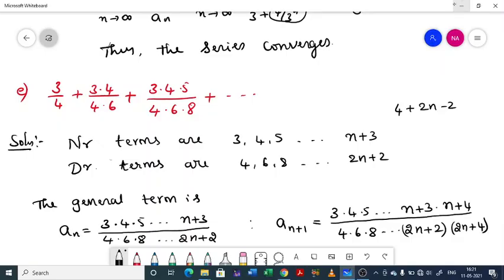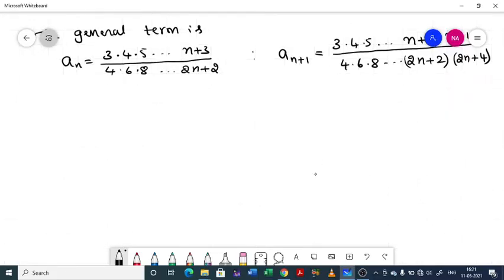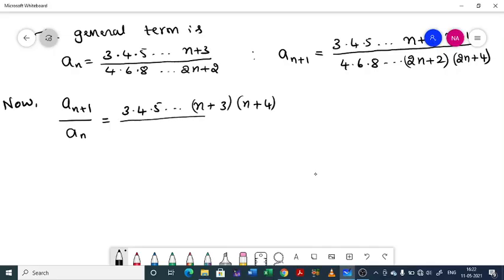2n plus 4. Now a_{n+1} divided by a_n equals 3 into 4 into 5 and so on up to (n plus 3) into (n plus 4), divided by 4 into 6 into 8 and so on up to (2n plus 2) into (2n plus 4), times 1 by a_n.